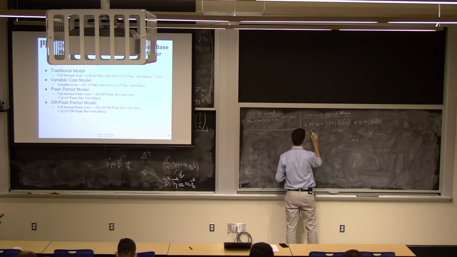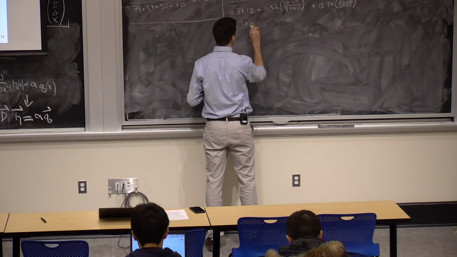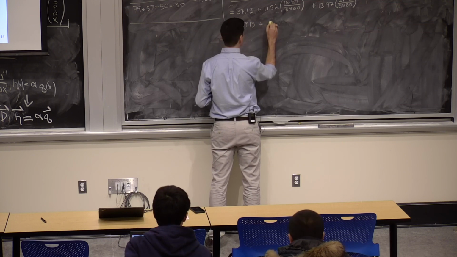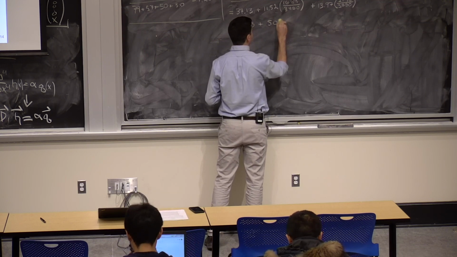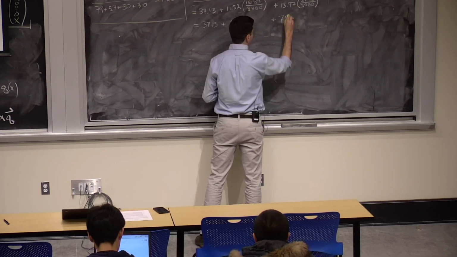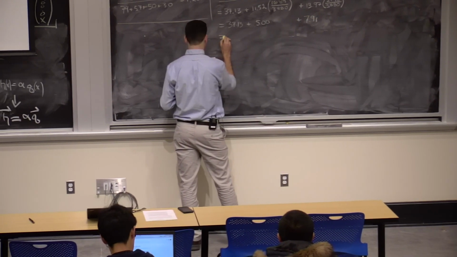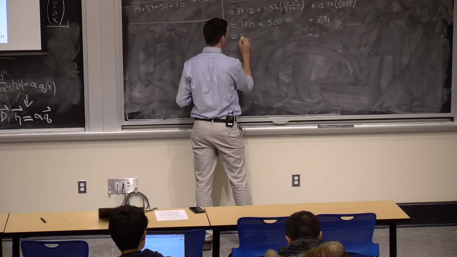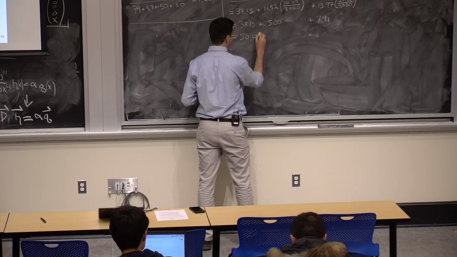So that's 37.13 plus about 5 plus about 7.91, and that comes out to 50.04.